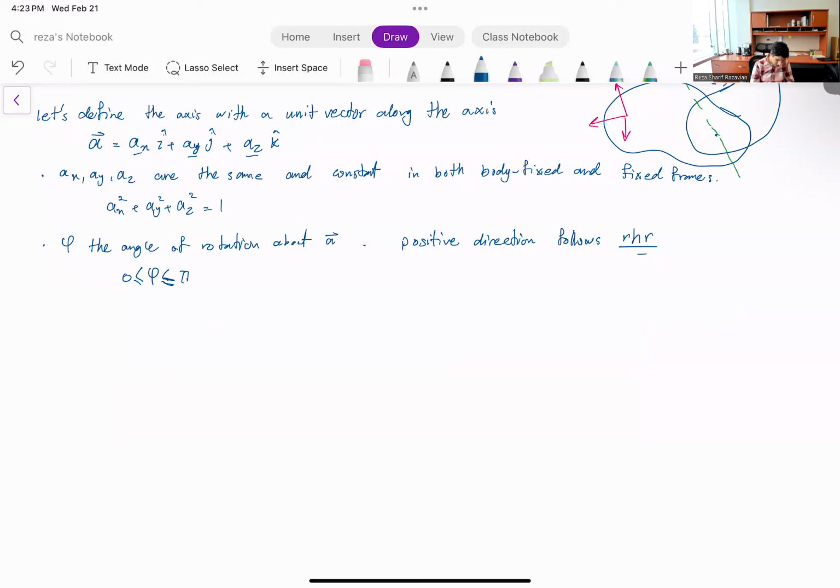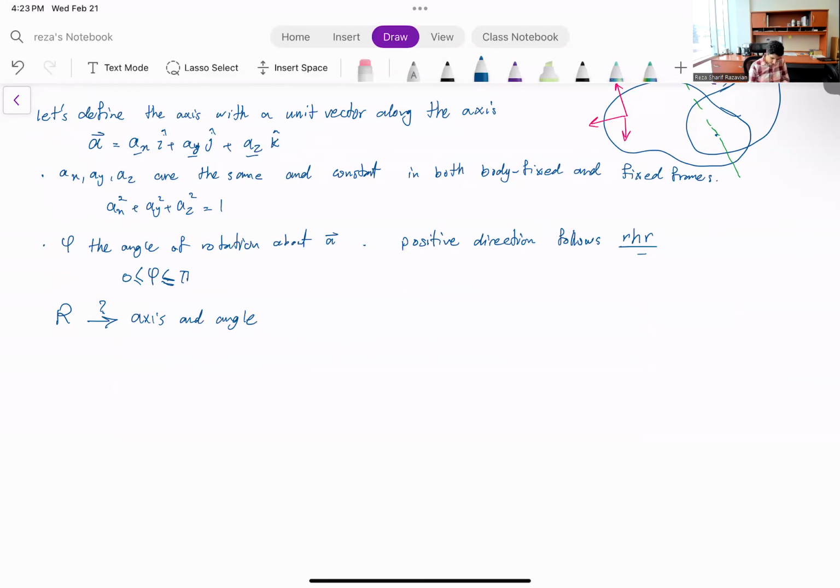Let's first assume I know the rotation matrix. How can I get my axis and angle? Let's look at that.